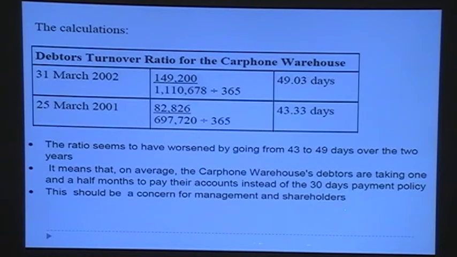In the United Kingdom, the payment policy for most banks' overdraft is 30 days. So if you are taking 49 or 43 days to recover your money, how can you meet the deadline of the payment days? This should be a concern for management and shareholders as well.